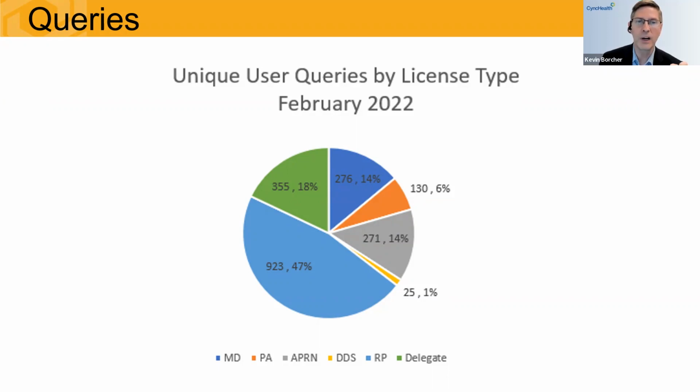And then if you look at the green section, that's delegates, because as most of the states on the call have requirements to either mandatorily enroll and register in the PDMP or actually query. CMS has requirements for Medicaid beneficiaries to be queried if providers prescribe controlled substances.